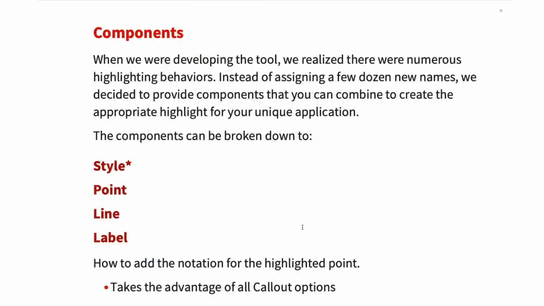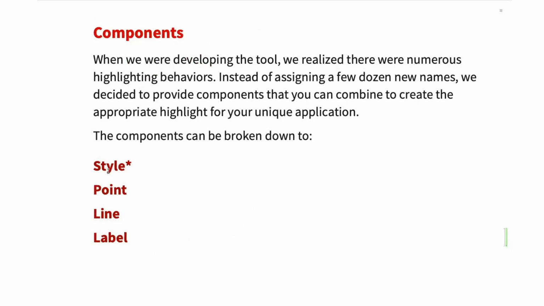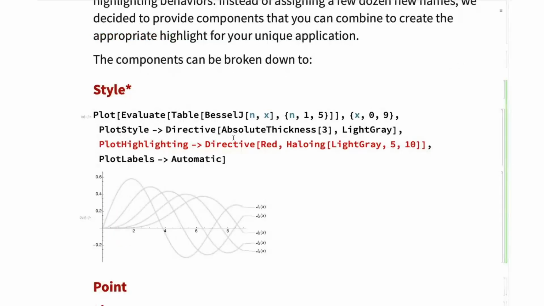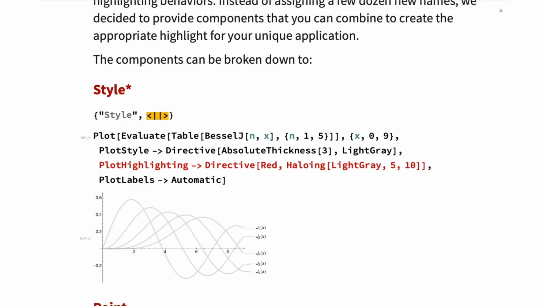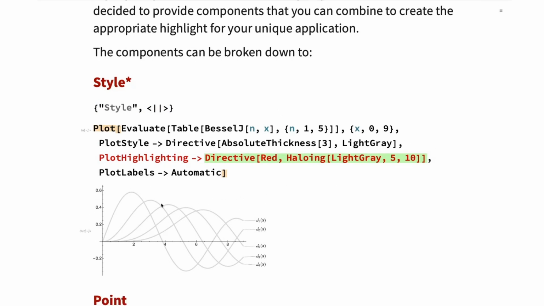So the components: the first thing is style, and then point, line, and label. This style is specifically for the mouse over behavior of the curves or the points. This one, you just directly put some style, and then you can see this curve will automatically have this style that is specified.